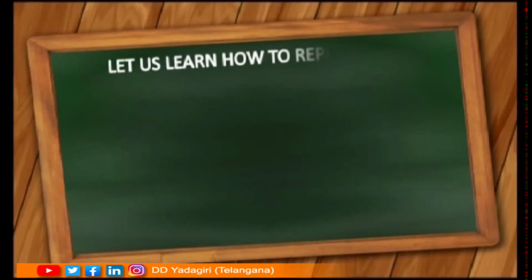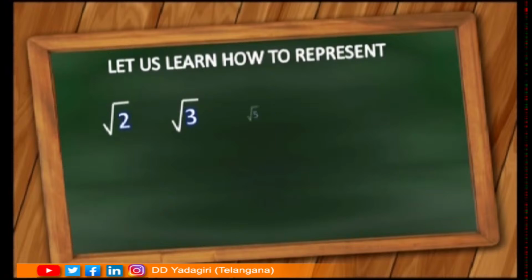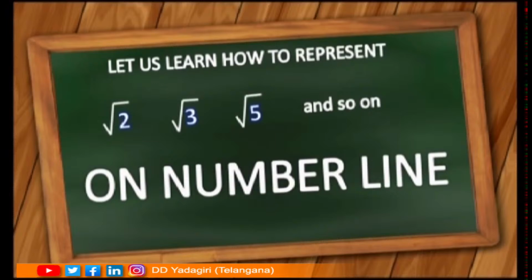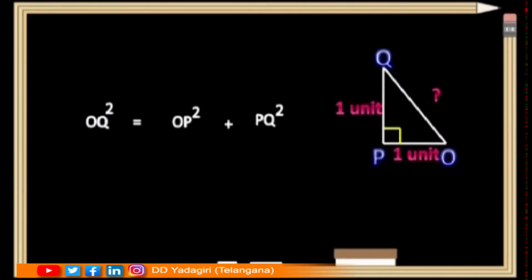Next, let us learn how to represent irrational numbers like root 2, root 3, root 5 and so on on the number line. Before going to locate irrational numbers on the number line, first of all we have to learn this concept.